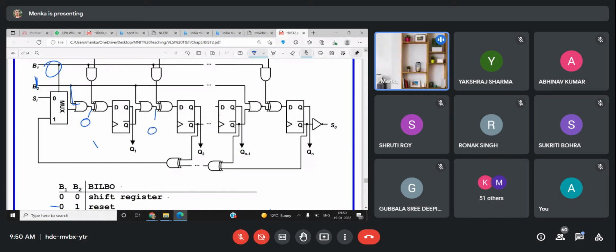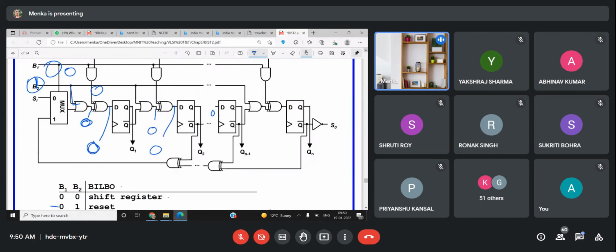क्या आएगा NOR gates का output? 0. 0, right? क्योंकि this B2 is 1 and this is 0, so from here you are getting 0, here you are getting 0. XOR output, what you will be having? Every XOR will be having 0 output, and this 0 output is the input for the next cycle for the registers.